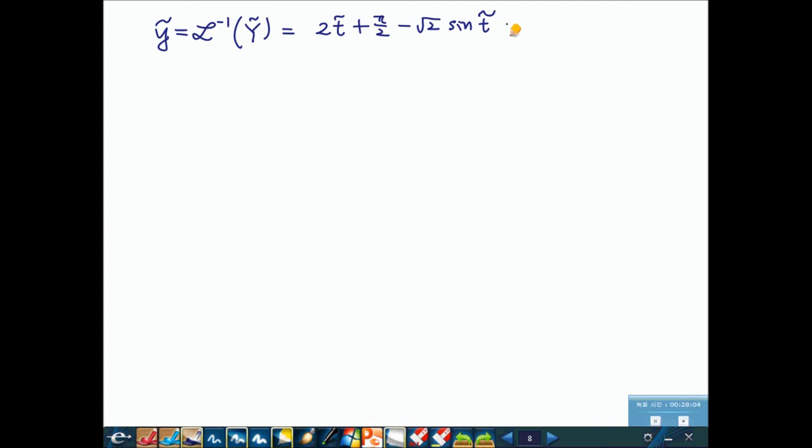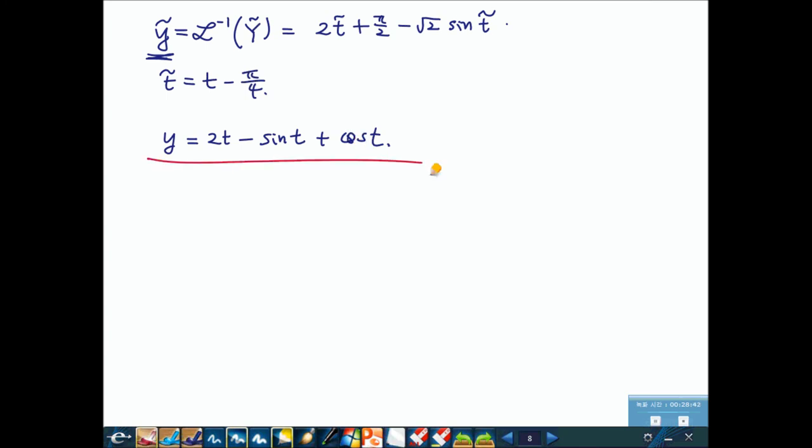If you go to the table and compare, that's what it has. And we are not done yet, because that's y in tilde space. We have to move it back to the original time by the inverse substitution, t tilde is t minus pi over 4. If you plug it in and calculate, finally y is 2t minus sine t plus cosine t.